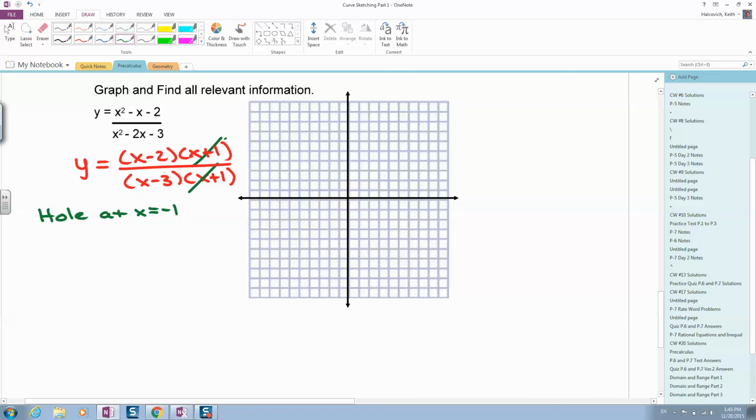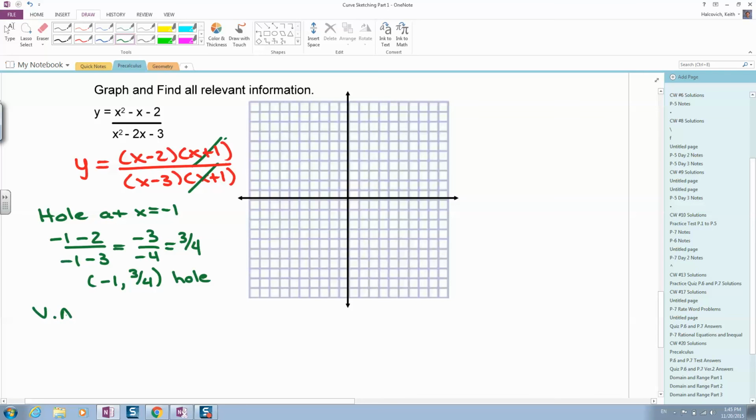And to figure out the y coordinate that goes with that hole, we put -1 in, and we get -3 over -4, so 3/4. So basically, at -1, 3/4, there is a hole, which means an open circle.